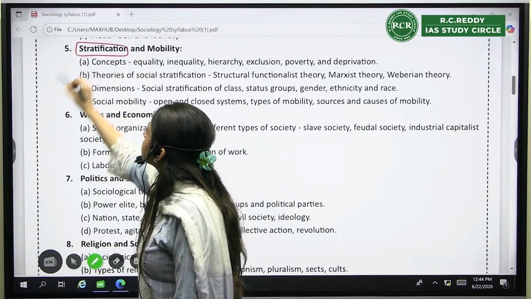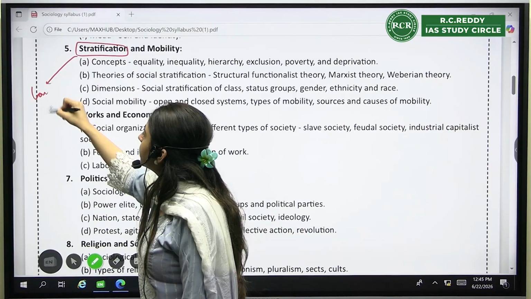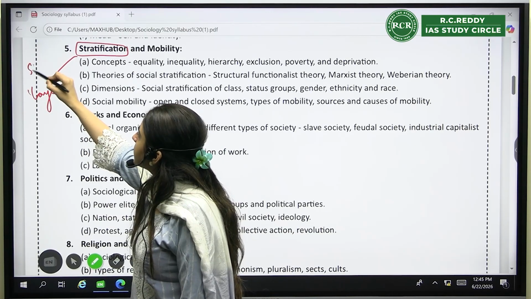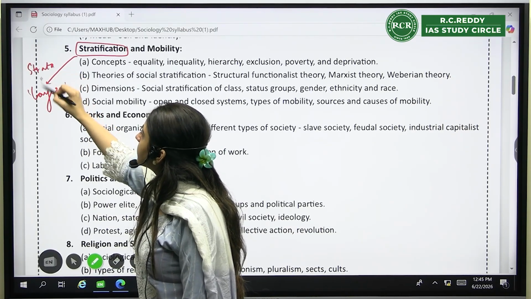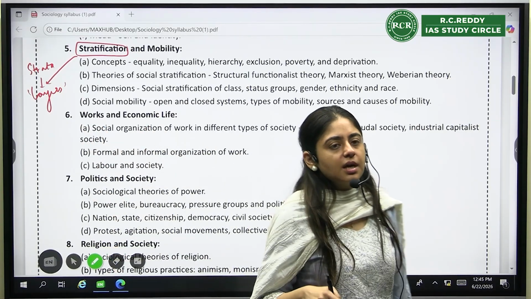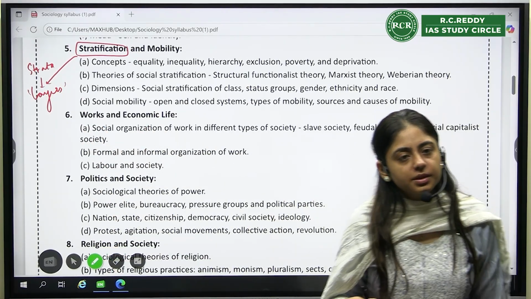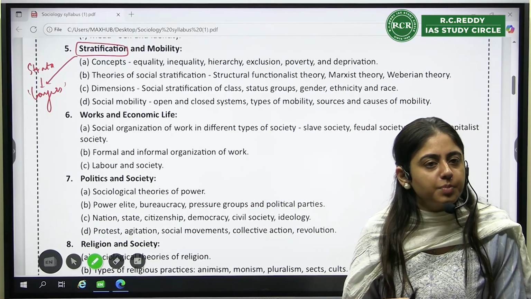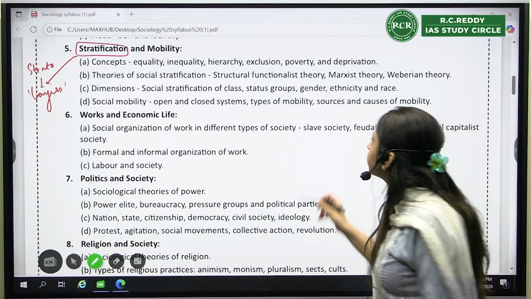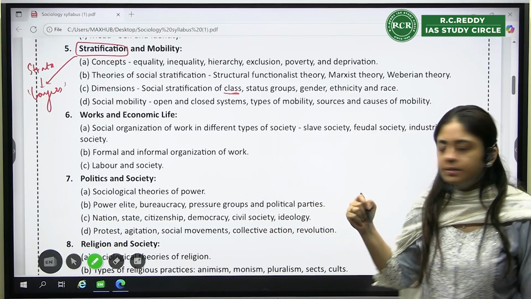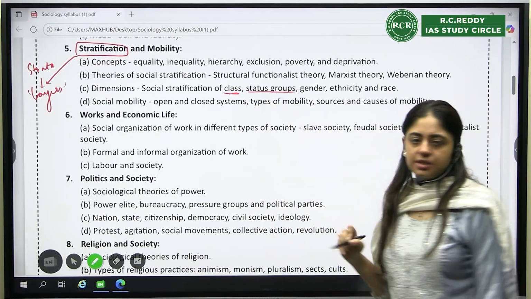Stratification's meaning is derived from a word in your geography, strata. Strata means layers. How are different individuals, how are different groups arranged in layers, which might be on the basis of class, upper class, middle class, lower class, or status groups.